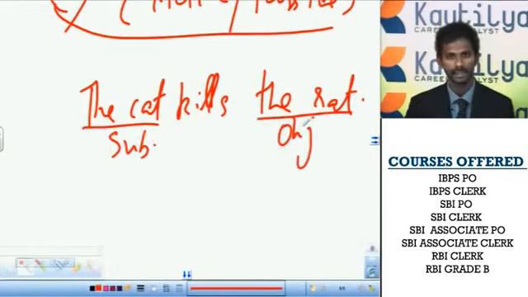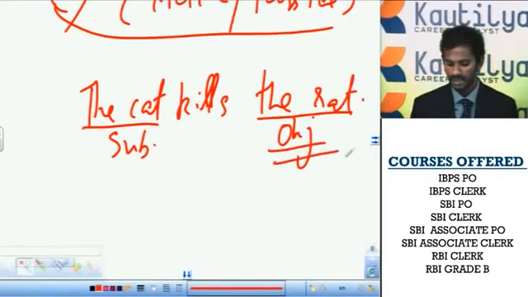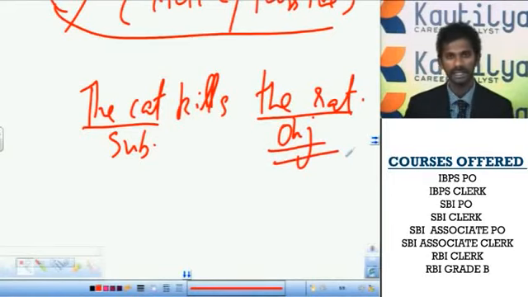Verb is kills. Now I told you earlier, we cannot imagine a sentence without a subject and a verb. We discussed subject-verb agreement in detail. A subject and a verb must be there in every sentence. An object is not necessary. May be there, may not be there. But a subject and a verb must be there in every sentence.